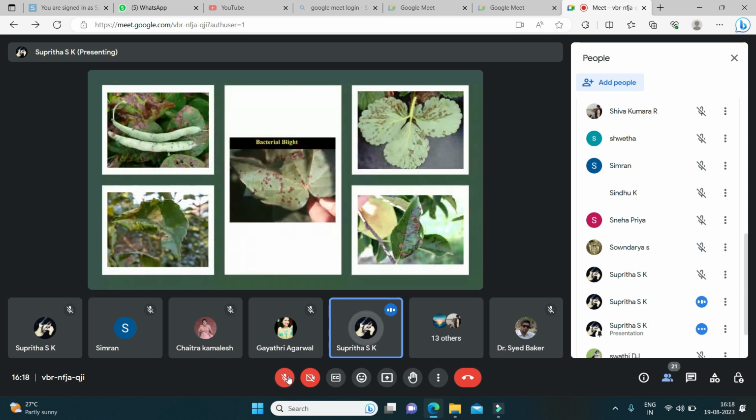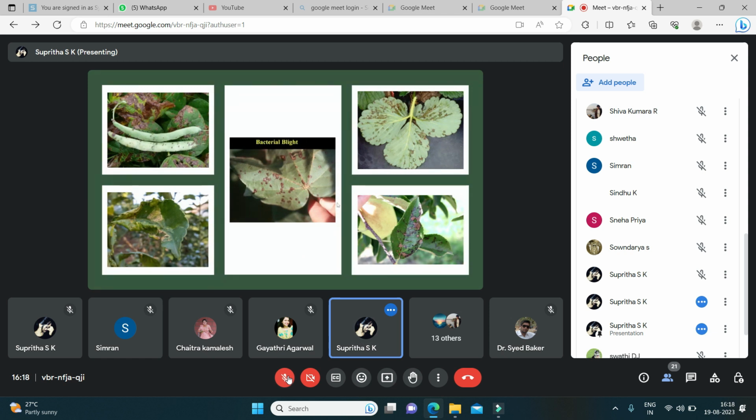I'll tell you the symptoms. If you look at this picture, we can see water soaked spots under the leaves, a brown colored spot appearance on the leaves. These are called water soaked spots.